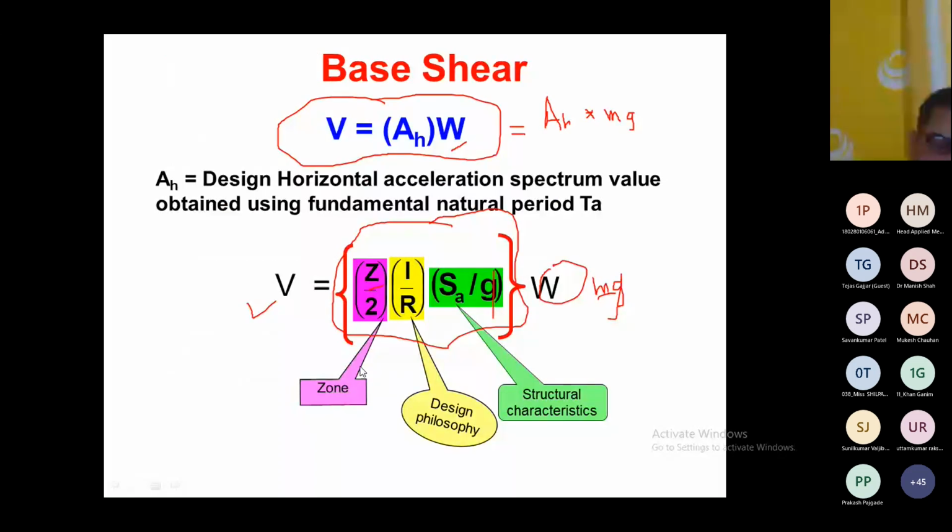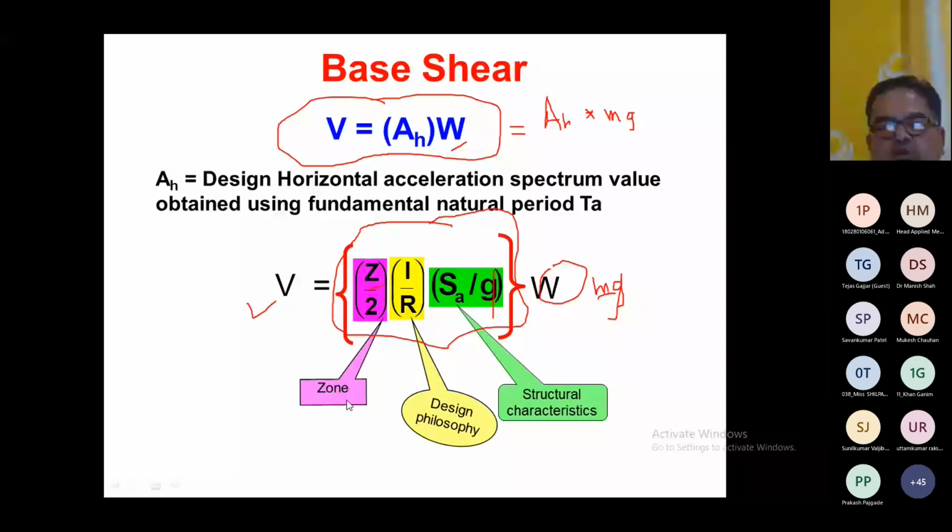In the last lecture I told you that India is divided into 4 seismic zones: zone 2, 3, 4, and 5. Earlier there were 5 zones in the 1984 IS code, and these 5 zones were reduced to 4 zones. Zones 1 and 2 were merged in 2002. So now only 4 zones are there.